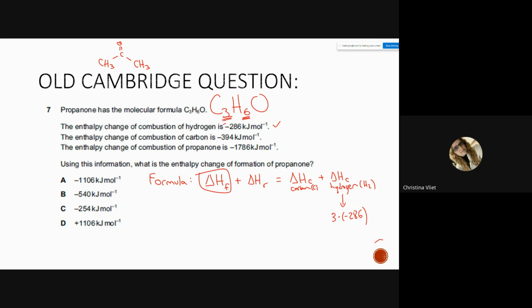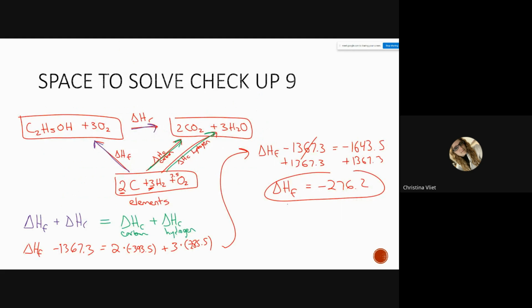So what would I have to multiply negative 394 by? Does that strategy make sense to you? You're just going to have to keep track of it. Make sure you remember that carbon is single and hydrogen is diatomic. It's coming from this chart. You just don't have to write it.